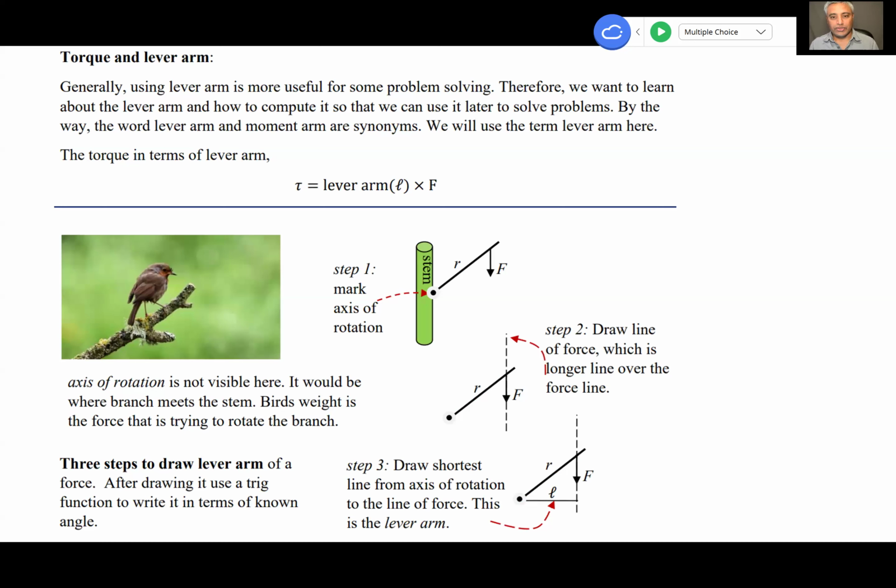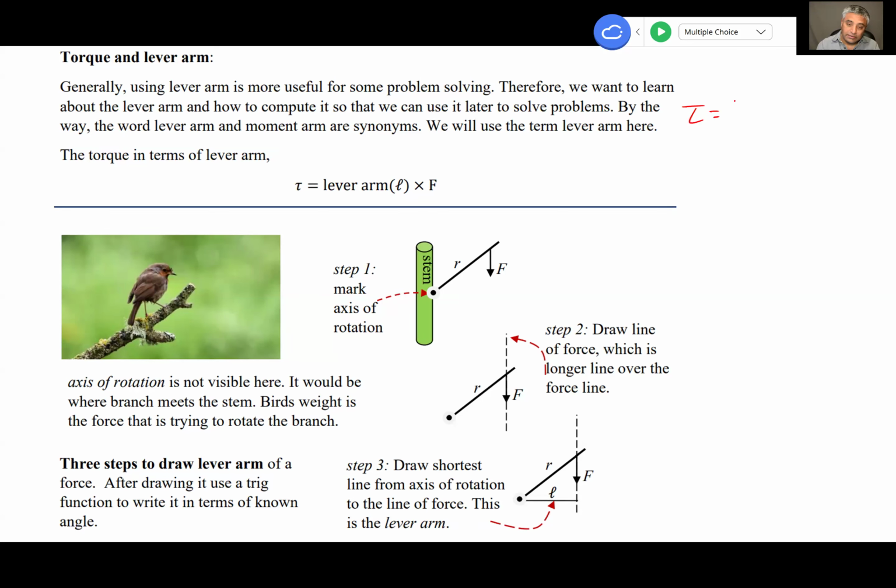And for rotational motion, it's not just the force that matters. We learned that at what angle the force is acting matters, and how far it is from the axis of rotation matters. So to take account of that, we defined a term called torque.